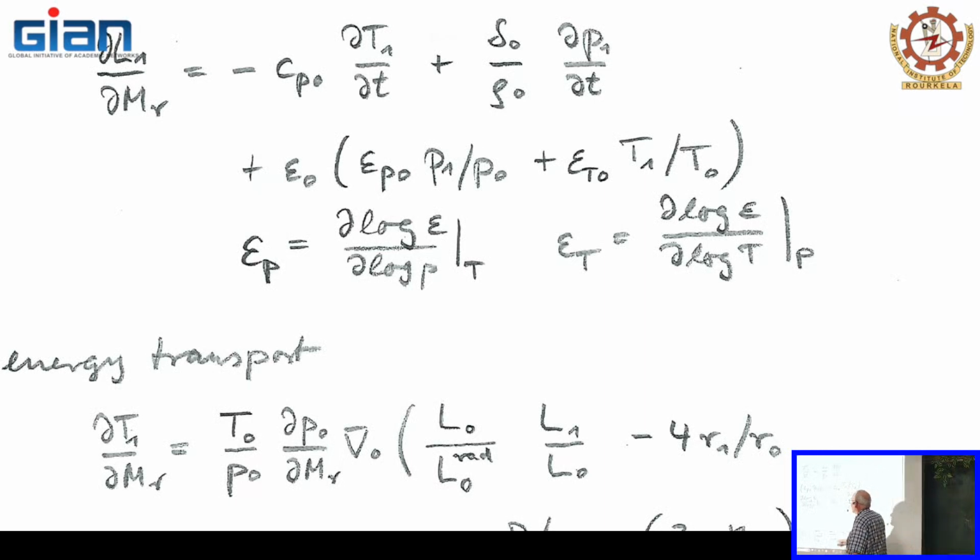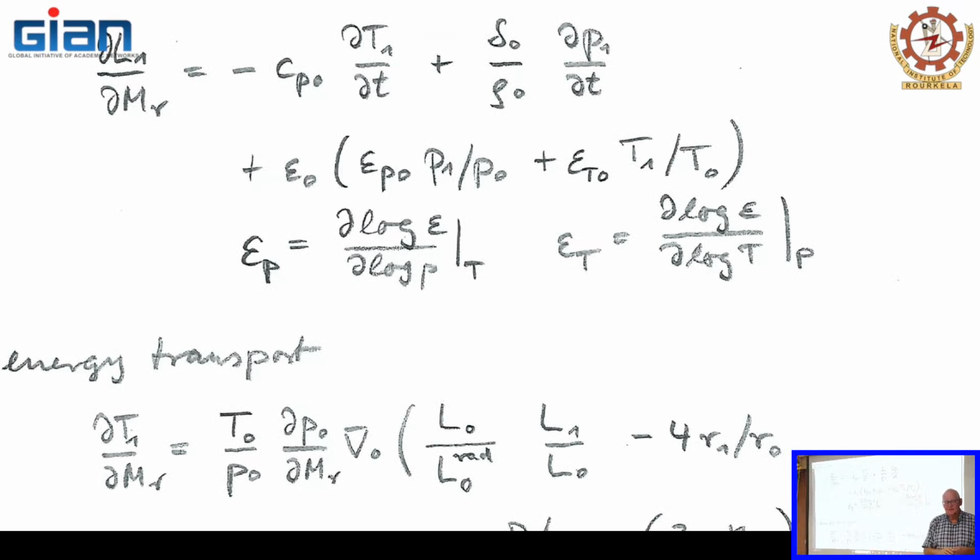So this gives minus Cp at the hydrostatic model, the specific heat in the hydrostatic model, times the time derivative of the temperature perturbation plus delta naught over rho naught, quantities in the hydrostatic model, times dp1 by dt.